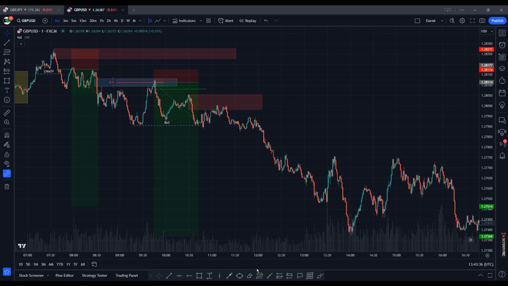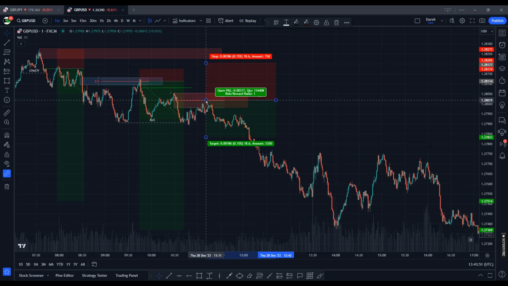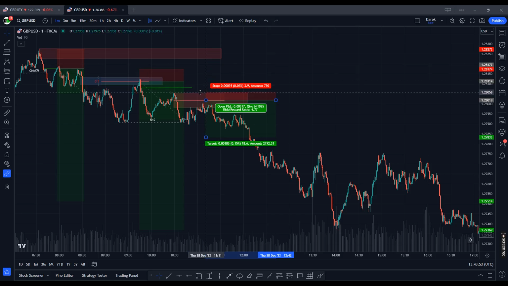If you waited for the price to mitigate 50% of this supply, you would miss the trade, which is also fine. It happens, but you can just enter as soon as price enters your zone.